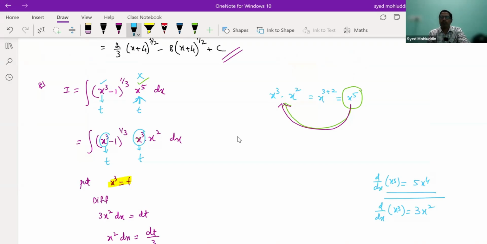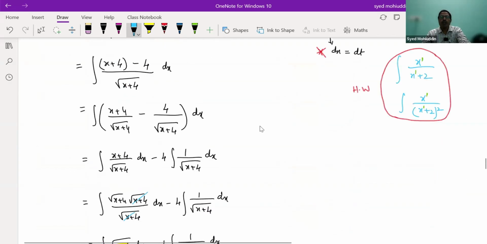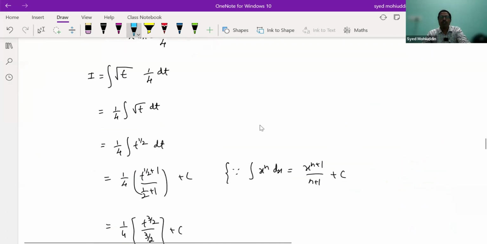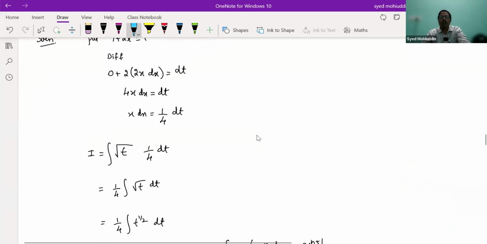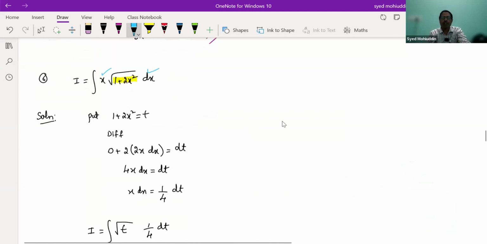The moment you try to differentiate, this value which is there should appear here in the question itself. For example, here x square was there. When I try to differentiate 2x square, I got x dx. 2x square, if I try to differentiate, I got x dx, right?